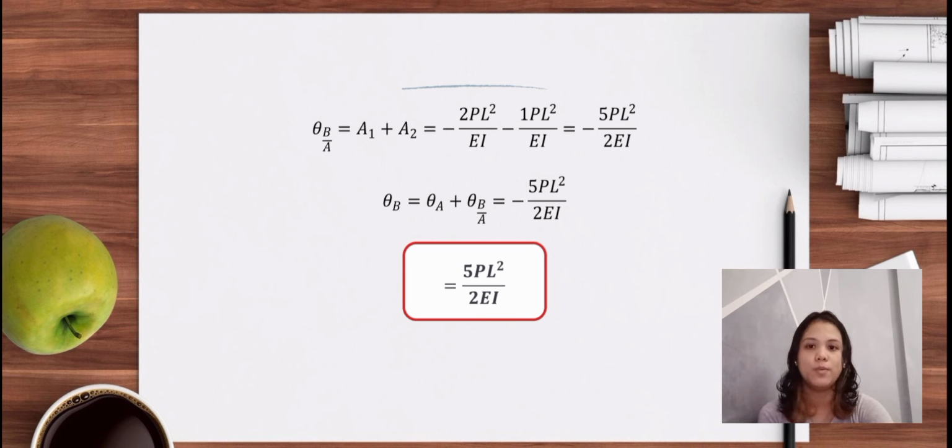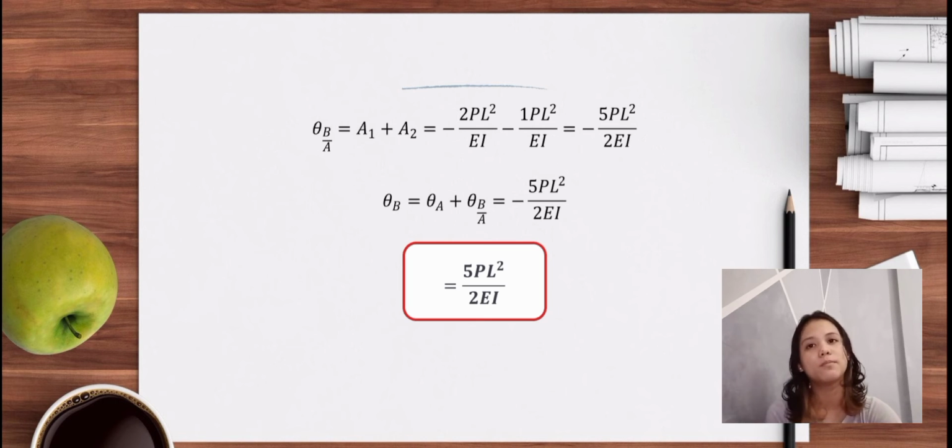So our slope is the summation of the areas. Slope B over A equals A1 plus A2, which equals negative 2PL squared over EI minus PL squared over 2EI, which equals negative 5PL squared over 2EI.